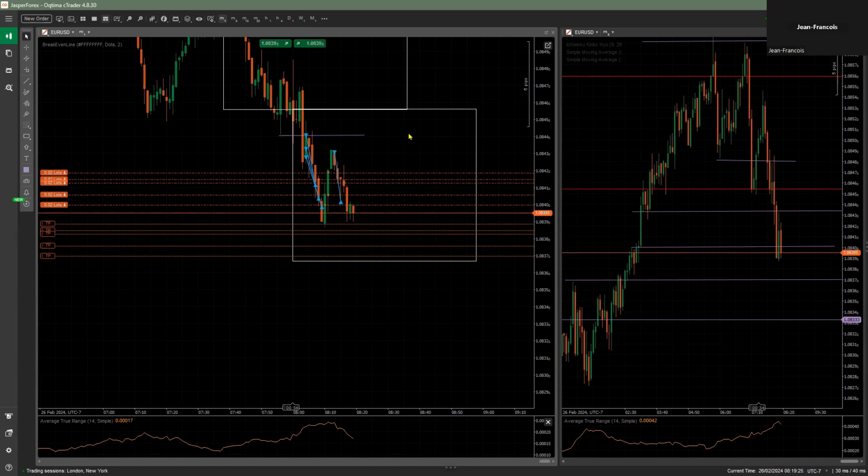Awesome. Nice. A little push to the bottom of the box would be great. And then it would enable us to sell more as it pushes back up.